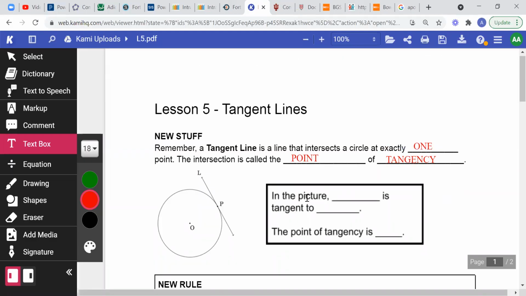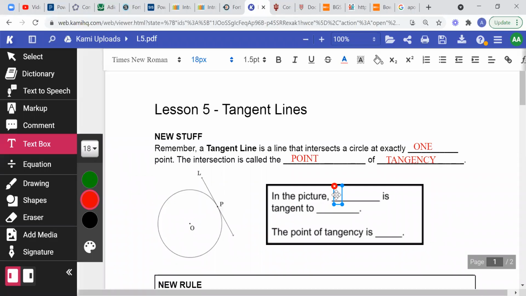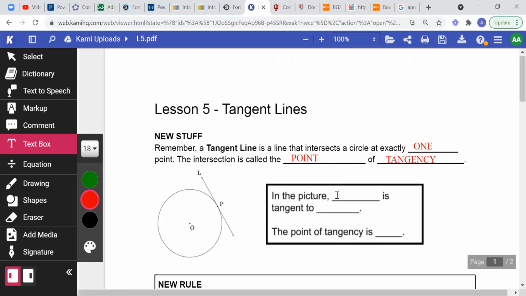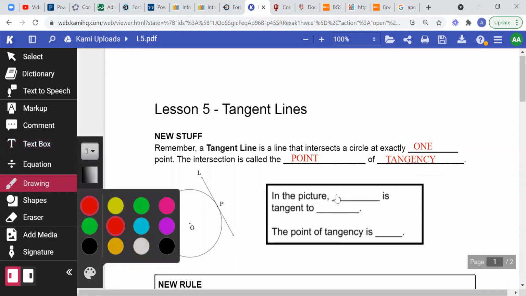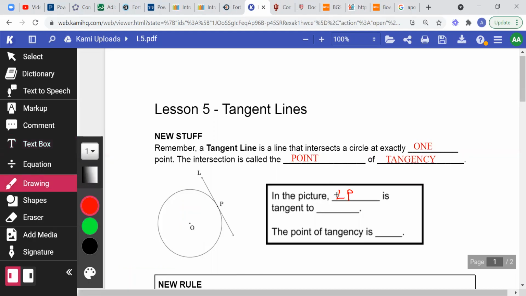So here, as you can see, the line L, or you can also call it line LP, is tangent to, what's the name of this circle?